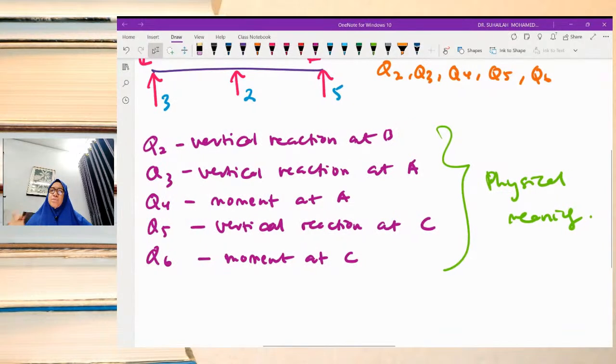Physical meaning of Q2, Q3, Q4, Q5 and Q6 and so on.